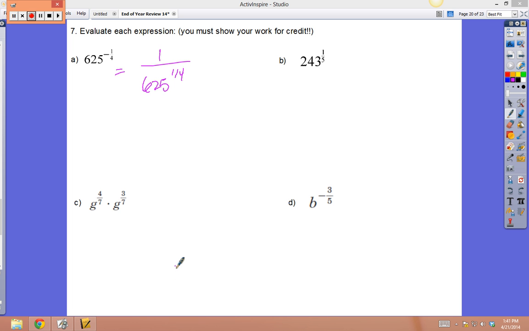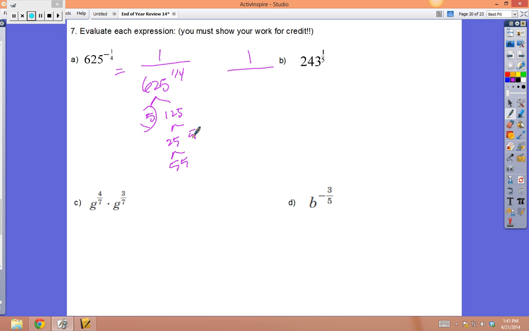The trick is to break these up into their prime factors. 625 divided by 5 is 5 and 125. Now I'm going to break up the 125. That's 25 and 5. Break up 25. That's 5 and 5.